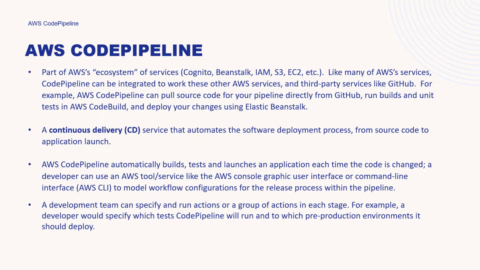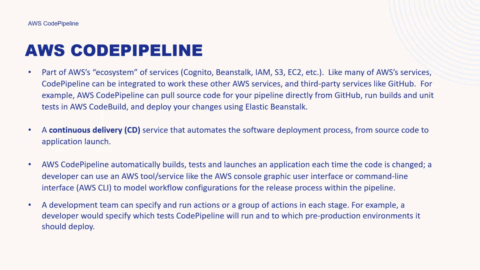Okay, so when we put it all together, we get AWS CodePipeline. And as I've already addressed, CodePipeline can be integrated with other AWS services and third-party services to send your application from version control to live on the web.